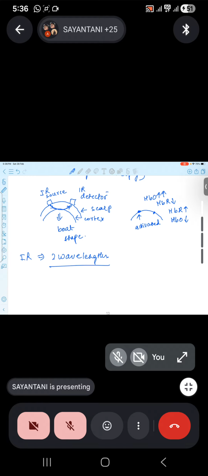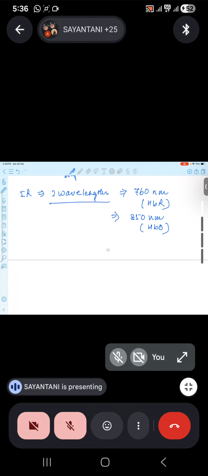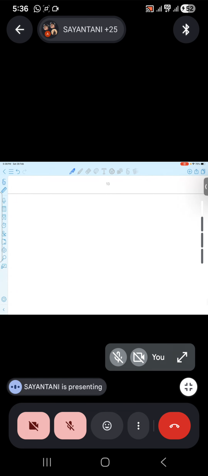The wavelength of 760 nanometers is used for understanding your deoxyhemoglobin molecules, and the 850 nanometer wavelength is used for capturing oxyhemoglobin molecules.